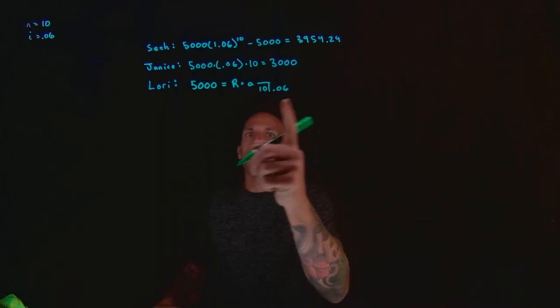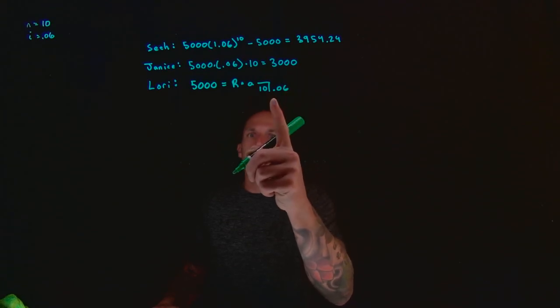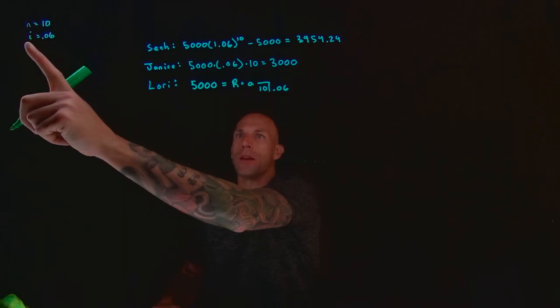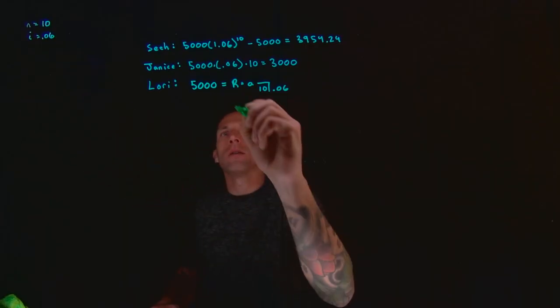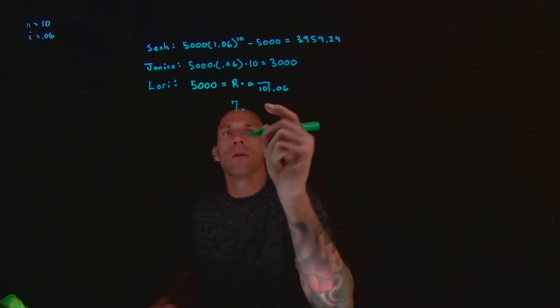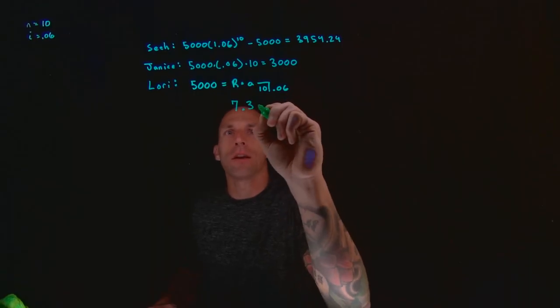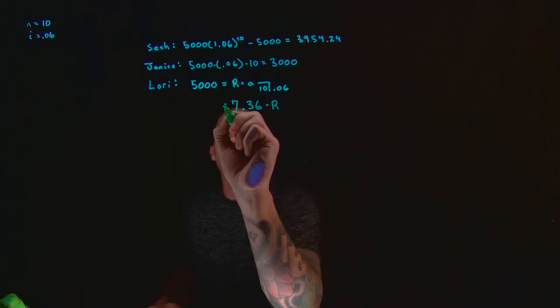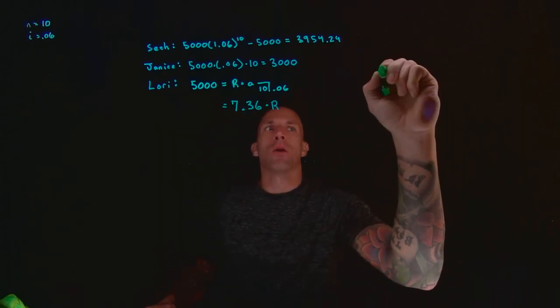So to get the value of an annuity, all you need is V. And if you have i, you've got v. So hopefully you can work this out to get 7.36 R. And why not? Let's go over here and look at it.